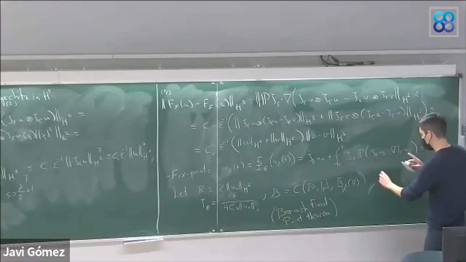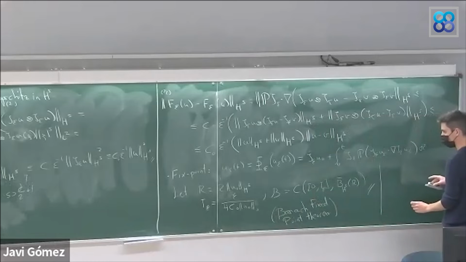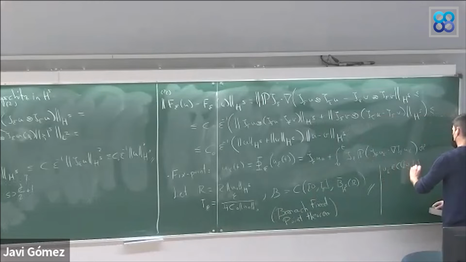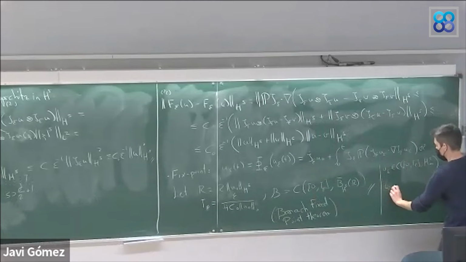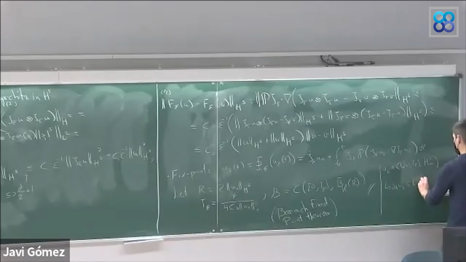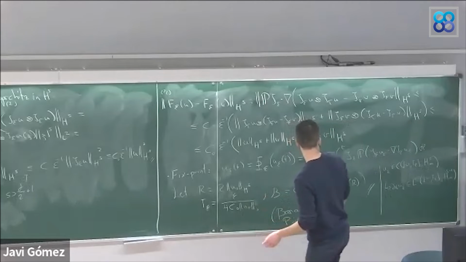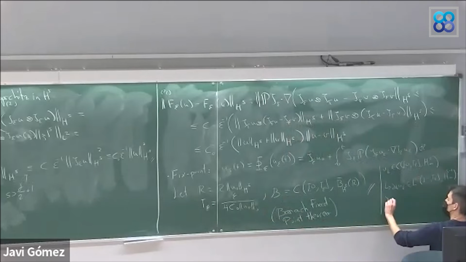And something that I was missing to say: once we have obtained U epsilon, it's immediate to obtain that the time derivative is in L infinity with one less derivative, simply because I just remove it.